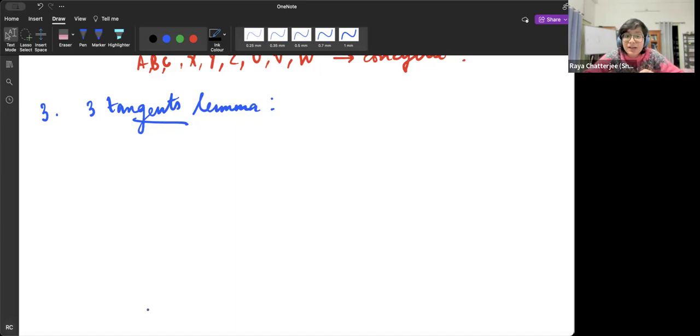That was until I saw an RMO problem that used the three tangents lemma. So my motivation behind going over this lemma is basically to do that RMO problem and discuss it. It doesn't appear to be as arbitrary as it seems. That was the point I wanted to make.